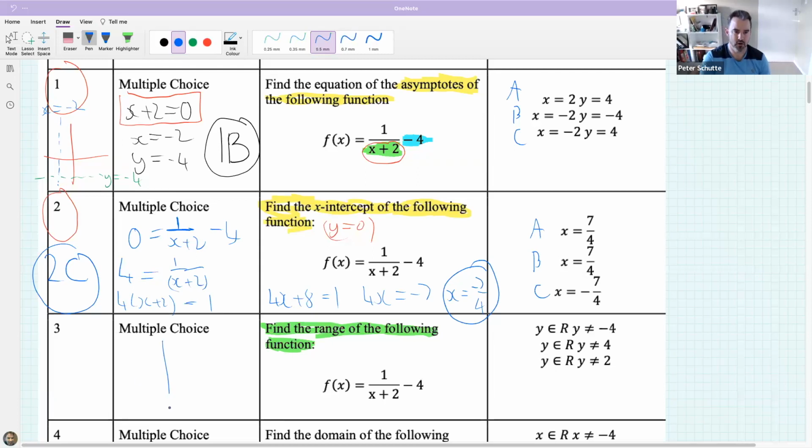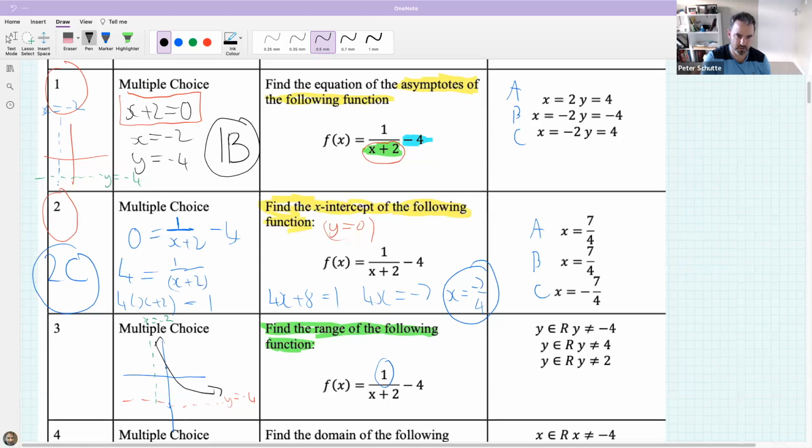We know where the asymptotes are. We know there's an asymptote at x is -2, and we know there is an asymptote at y equals -4. So now the question is, if this is a positive number, the hyperbola will look something like that.